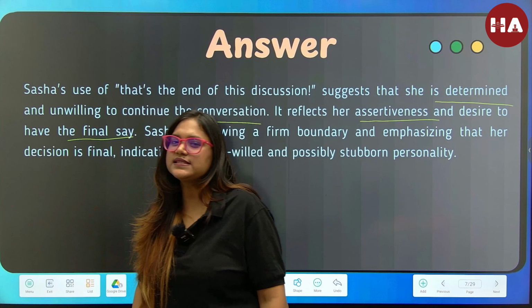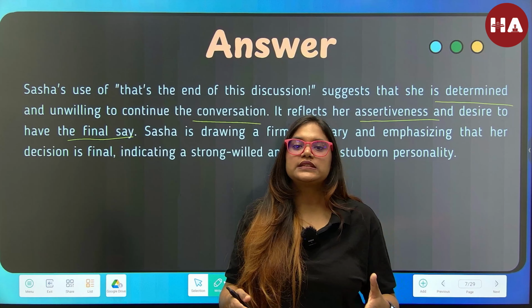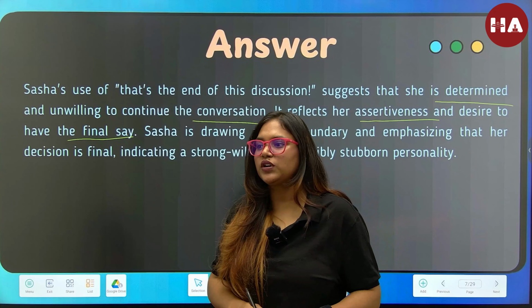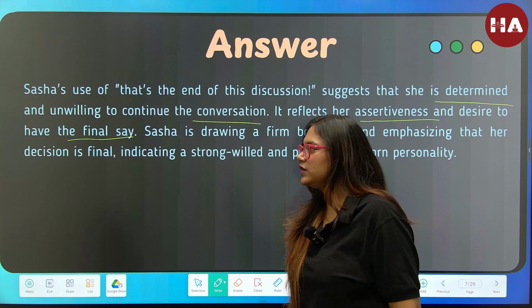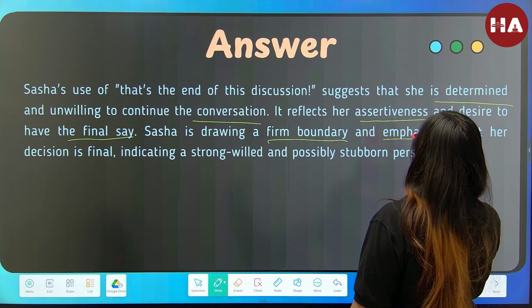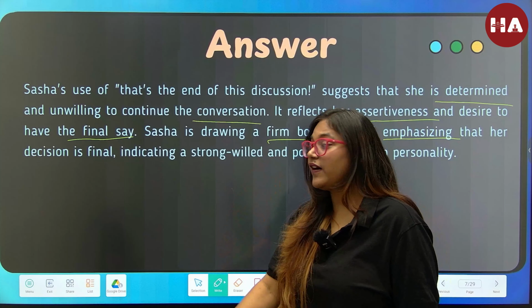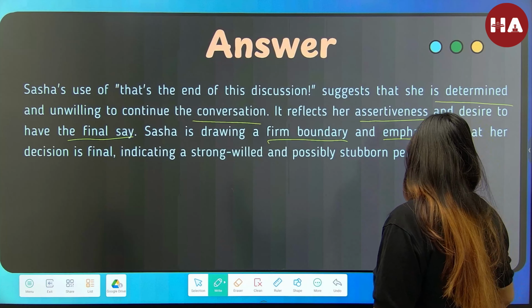Or you can maybe say that she might be wanting to feel dominating. She wants to put her domination forward. So that could also have been your words. Sasha is drawing a firm boundary and emphasizing that her decision is final, indicating a strong-willed and possibly stubborn personality.